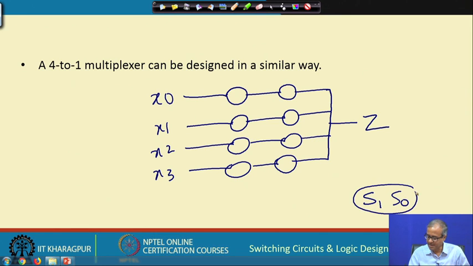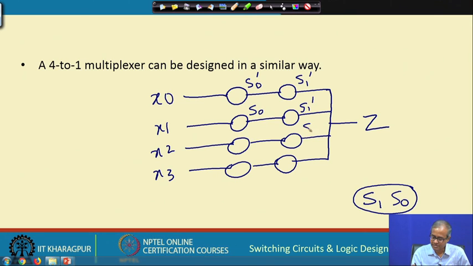The way I connect them is that this switch is selected by S 0 bar, which means when S 0 is 0, this will be selected, and S 1 bar. So, when both are 0 0, this first path will be selected. Second row, this will be S 1 bar, this will be S 0.